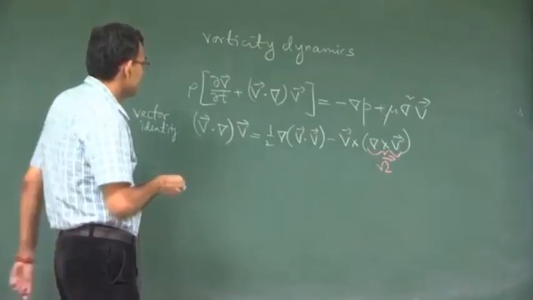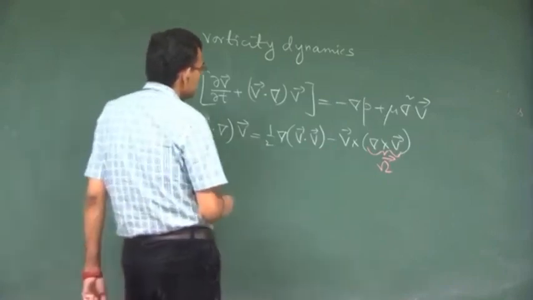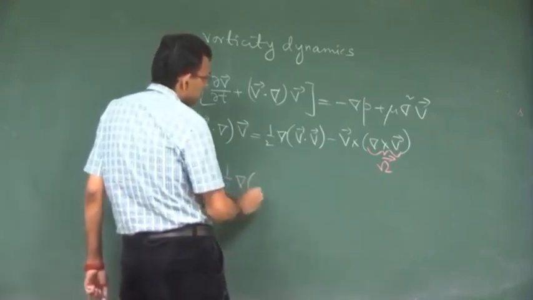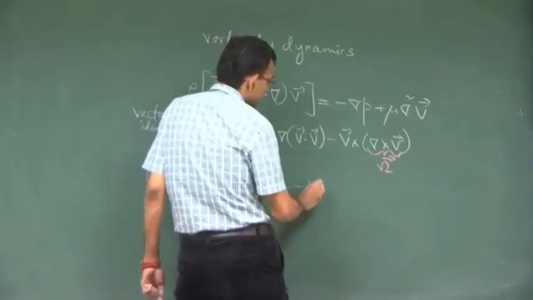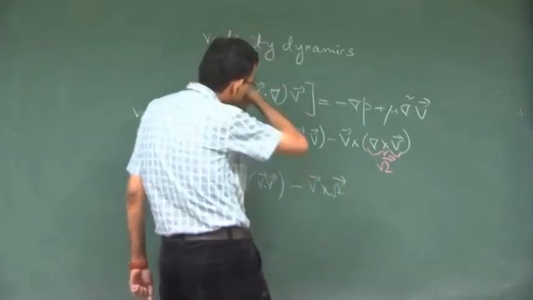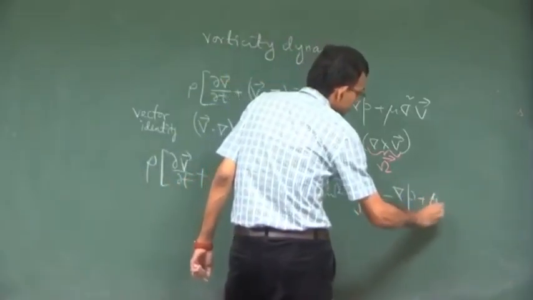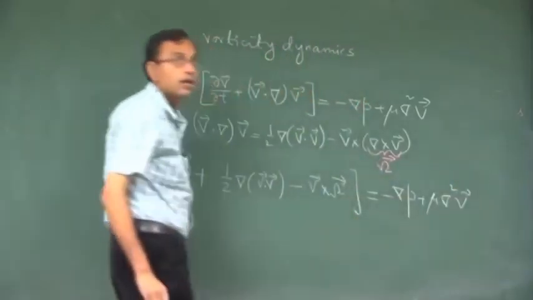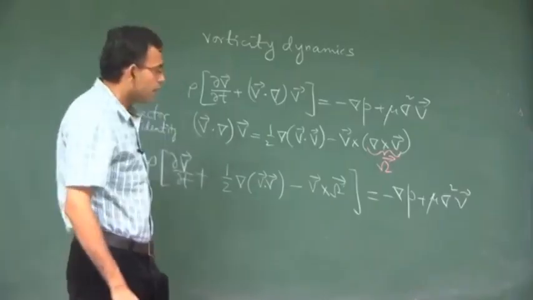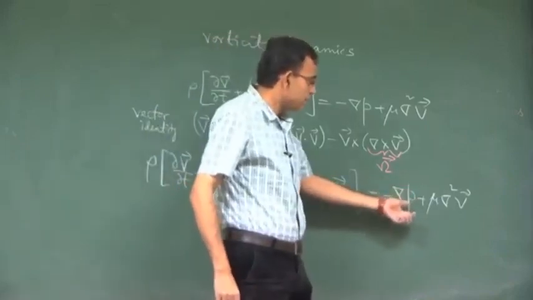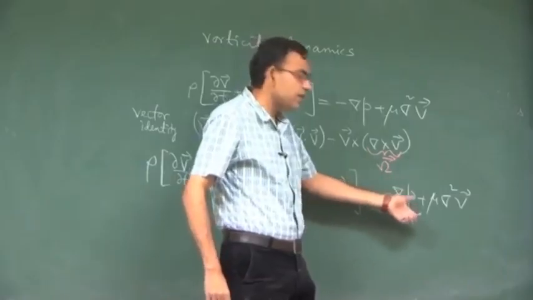So, we write rho, now. You know, this pressure gradient is something which creates a lot of headache in terms of assessing what it is.